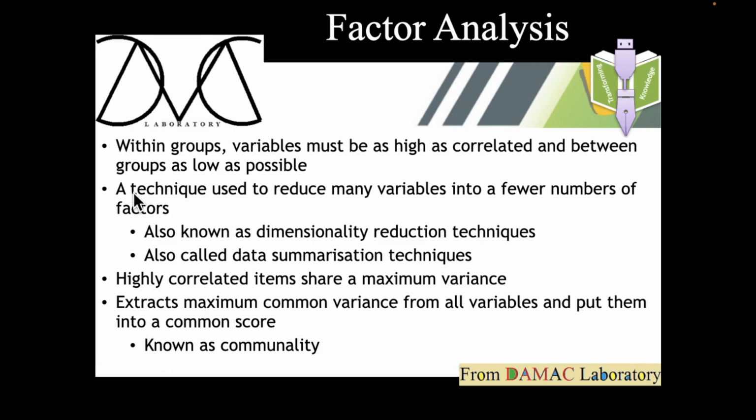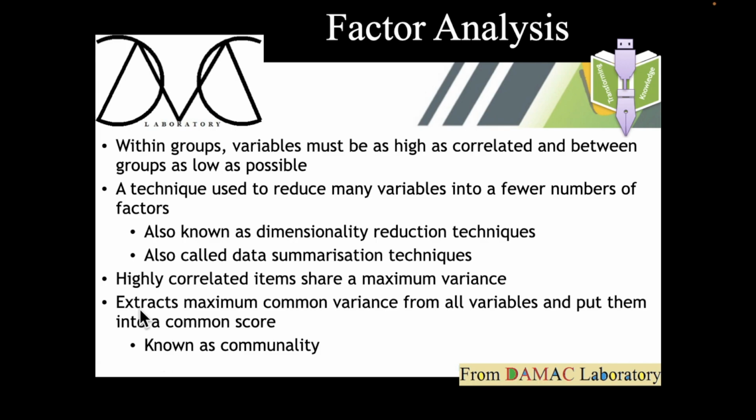So basically these are nothing but grouping the columns. It is a technique that reduces many variables into fewer variables. That's why it is also known as a dimensionality reduction technique or data summarization, because 100 columns are summarized into 3 columns.